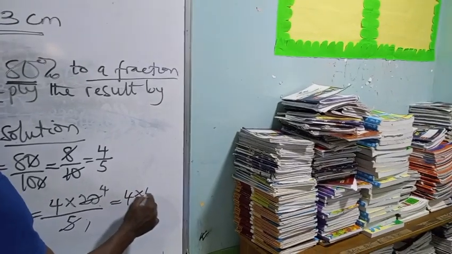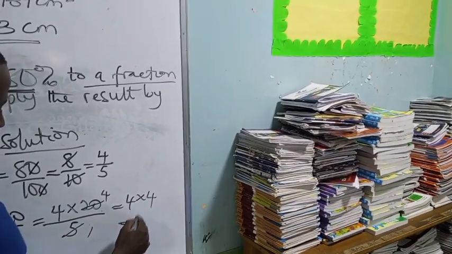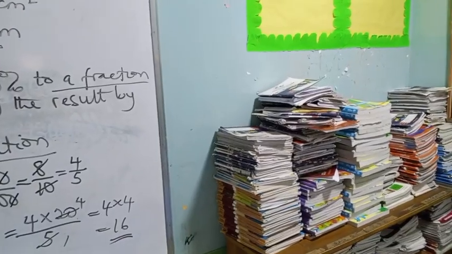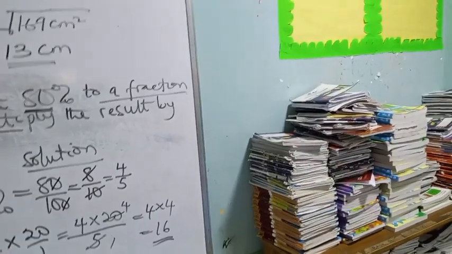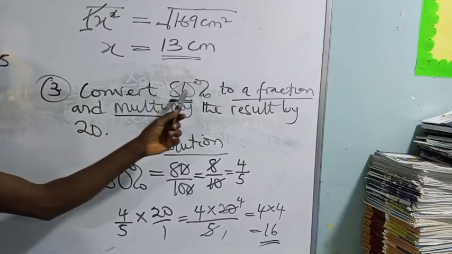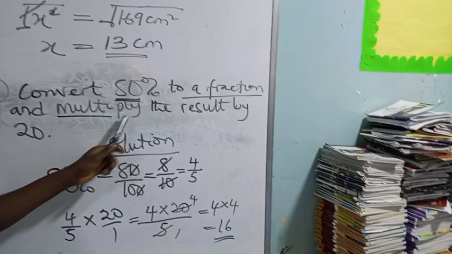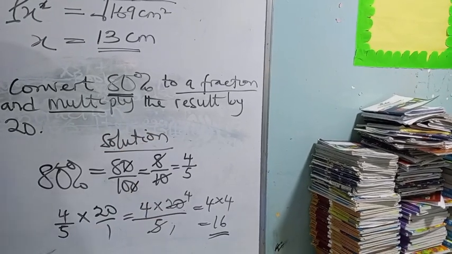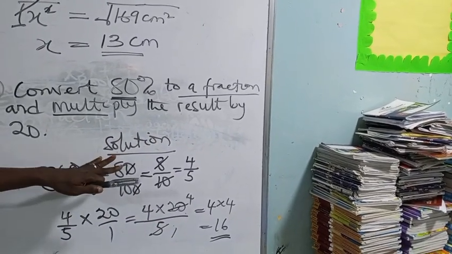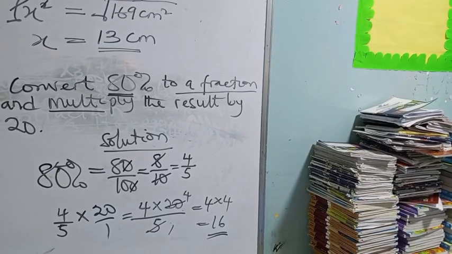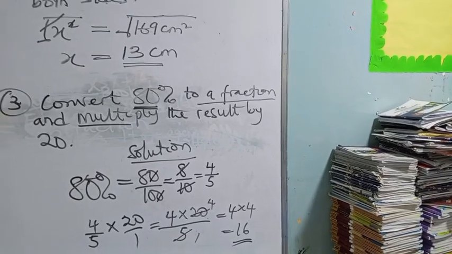And 4 times 4 will give us 16. So the question is convert 80% to a fraction and multiply the result by 20. Now we can do it directly like this, or we may even go this way.